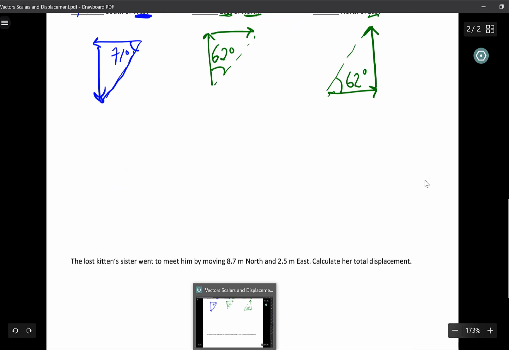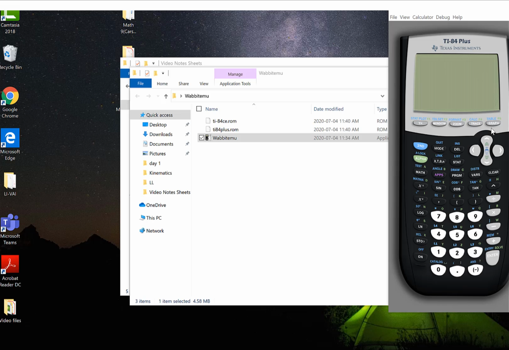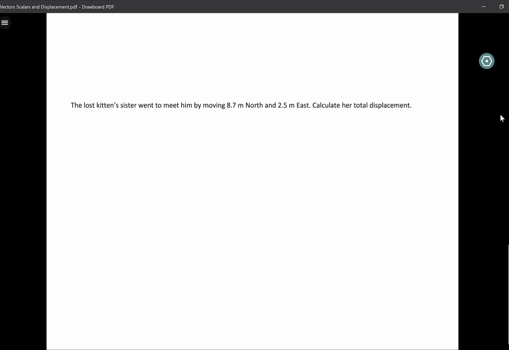Okay, we did some examples, and now here is the last example. So what I'm going to do is I'm going to give you a chance to try yourself after I explain the question. So here we have a lost kitten's sister. So that was just from the previous example, the kitten from the last example. So this sister moved 8.7 meters north and 2.5 meters east.